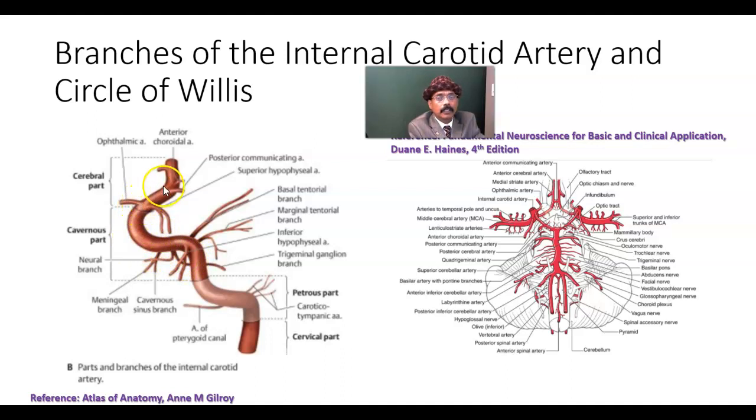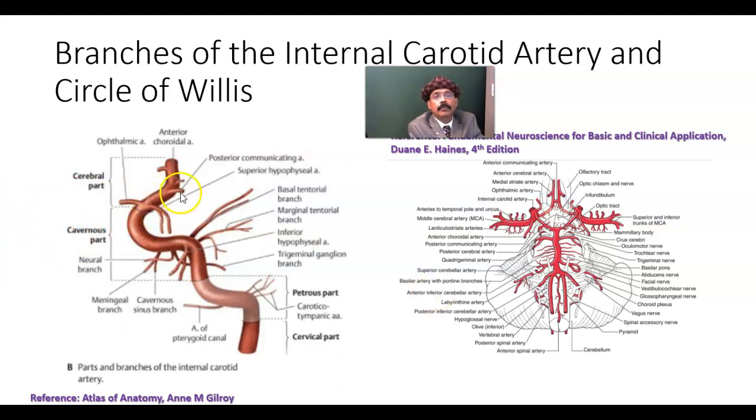Here in the cerebral part, it has the ophthalmic artery that goes to the eye. From the ophthalmic artery we get the central artery of the retina. The ophthalmic artery will also provide blood supply to the orbit, and we also get the superior hypophyseal artery here.